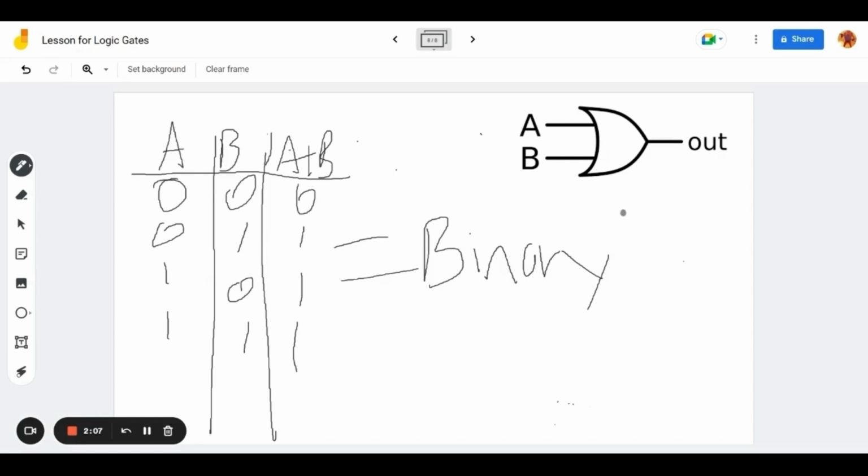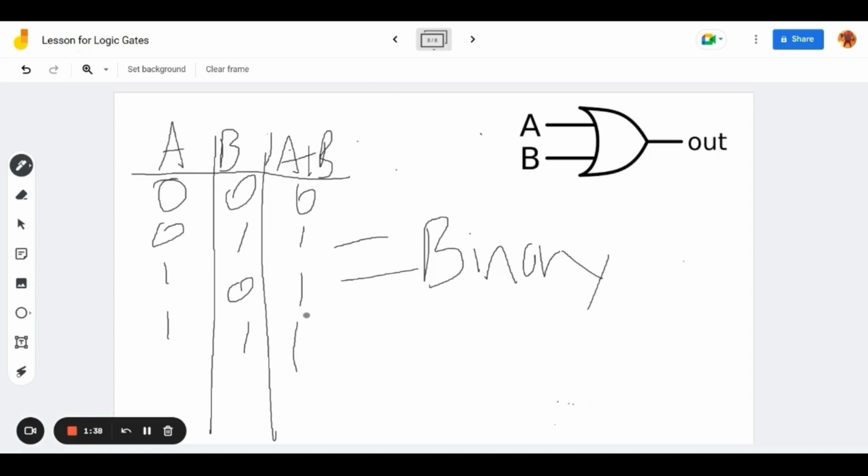When this logic gate chip is put into an actual computer, it doesn't just add up the ones as 2, like 1 plus 1 equals 2, 2 plus 1 equals 3. No, it either sees it as on or off. As when you were learning binary, you know that 1 means on, 0 means off. So basically, what this logic gate does is that if both A and B are on, it just stays on.